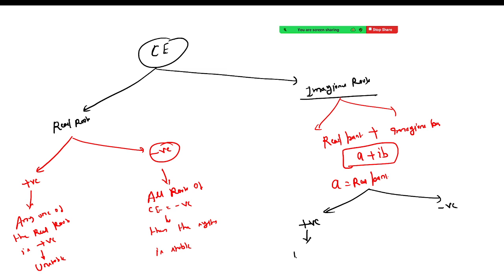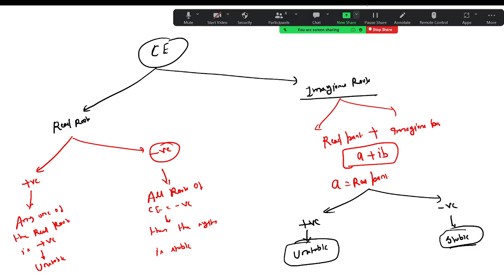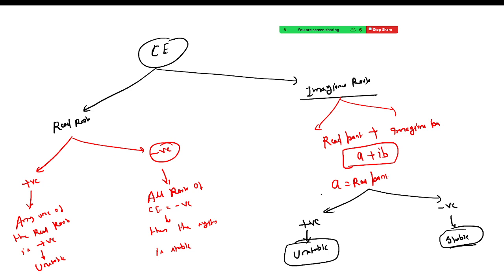If it is positive, then the system is unstable, and if it is negative, then the system is stable. I hope this is clear to all of you. Are you getting it? And one thing here can be, if it is zero, then the system is marginally stable.